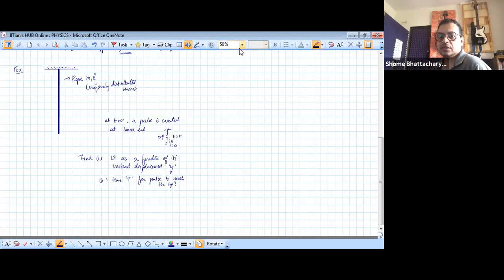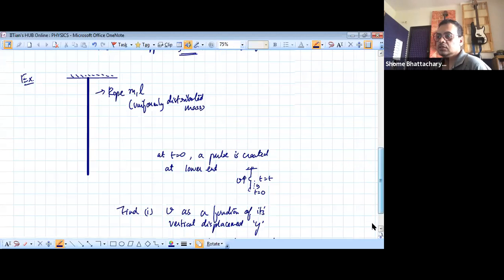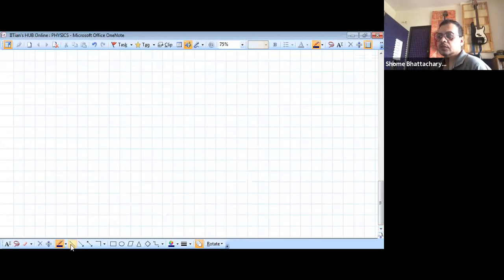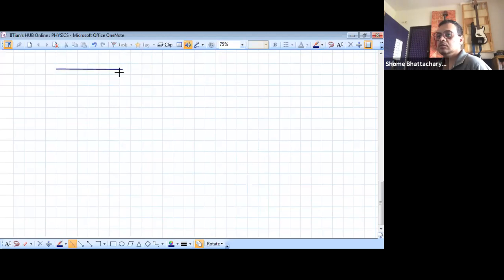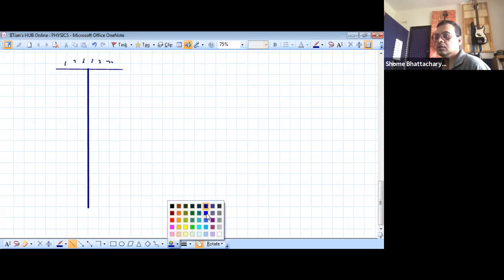So what do we have to do here? We have to just first of all find the tension as a function of the vertical coordinate. So let us say now we are considering any point which is at a vertical coordinate y.